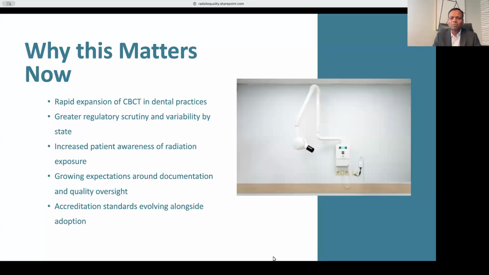Obviously, more clinical practices started using cone beam CT for dental. If I recall, 15, 20 years ago, I don't think it was that established a modality for dental. Pretty much everybody was using cone beams for sinuses, temporal bone scans, and stuff like that. Now we see a rapid expansion of cone beam CT in dental practices.